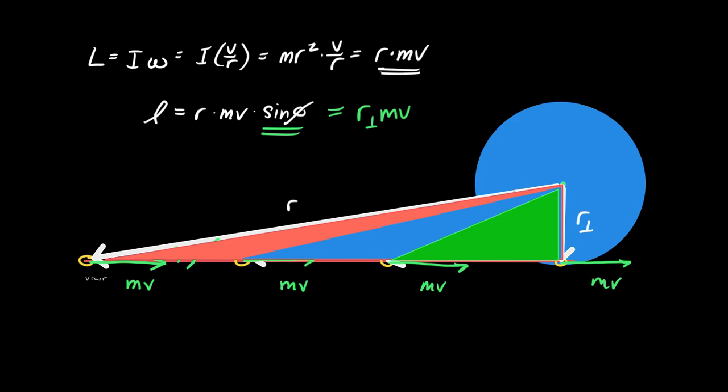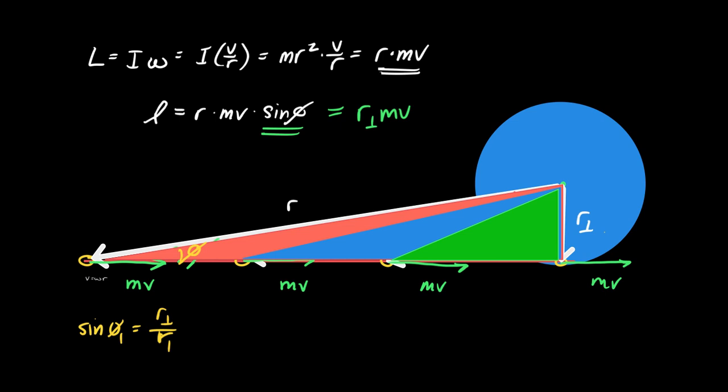Here is the angle for the first triangle. The sine of that angle would be opposite divided by hypotenuse. We'll call that R1. And this is angle 1, the yellow angle.